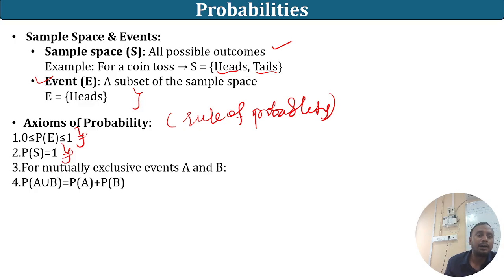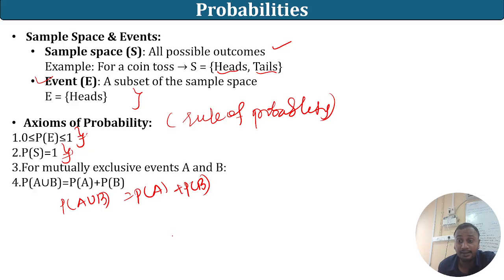For a mutually exclusive event, P of A union B is going to be PA plus PB. We will see this in detail in the coming class.